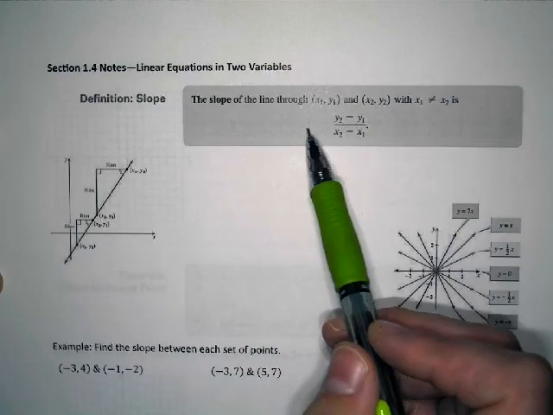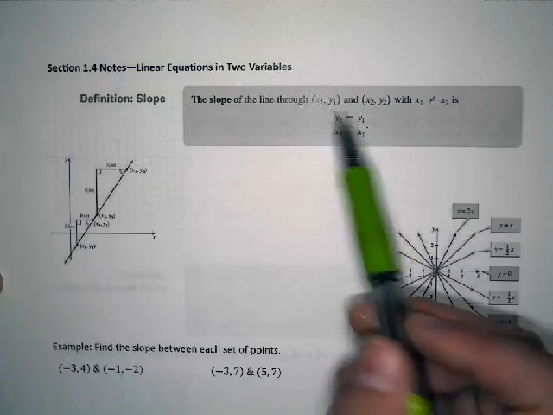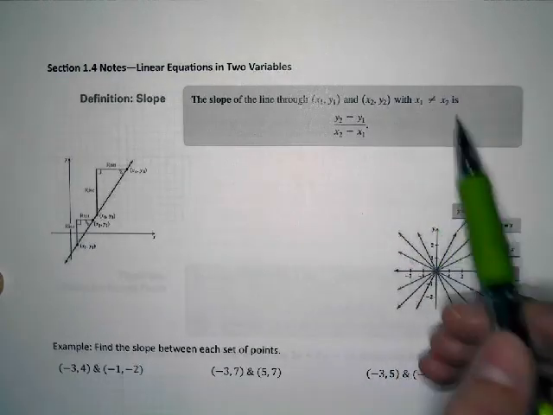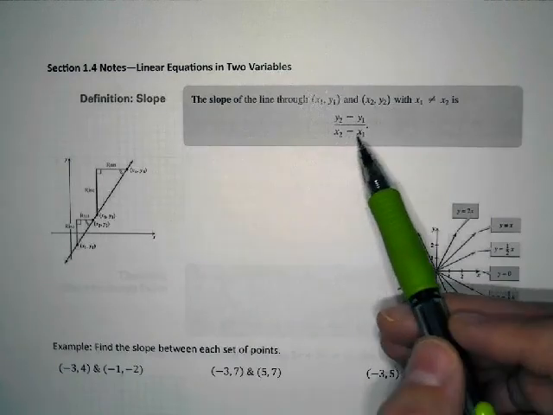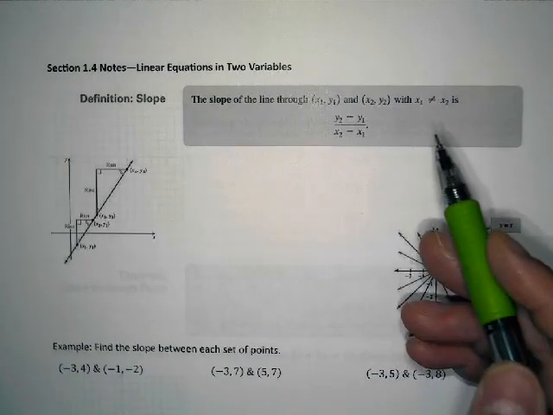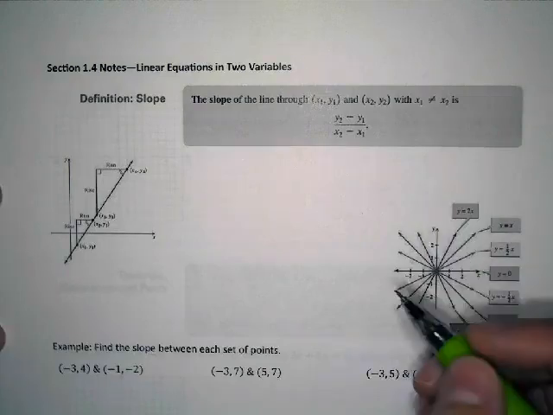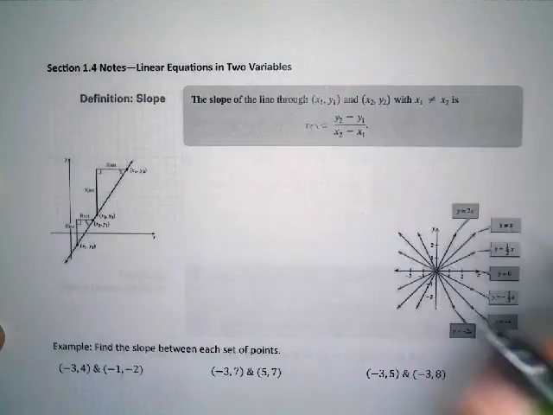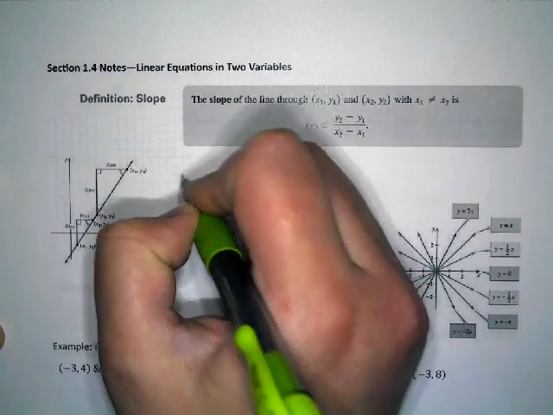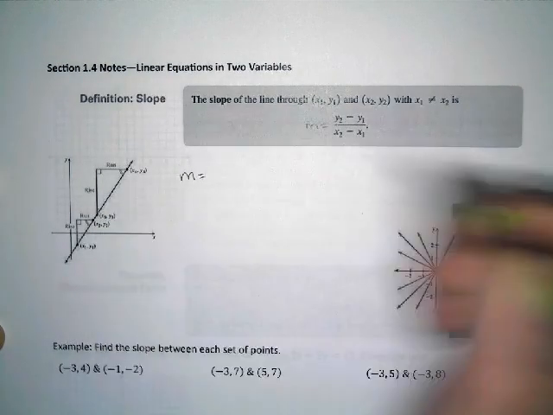The slope of a line through x1, y1, the first point, and x2, y2, the second point, is y2 minus y1 over x2 minus x1. And usually they use the letter m to represent the slope, and I don't know why. I haven't heard from any other math teachers why either.